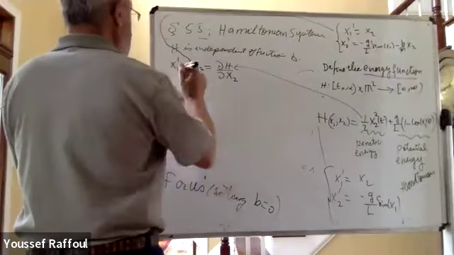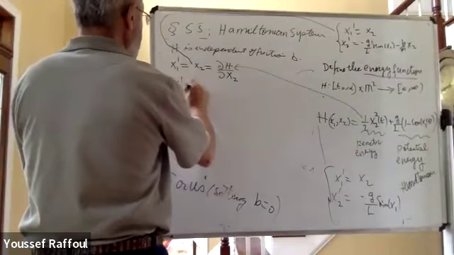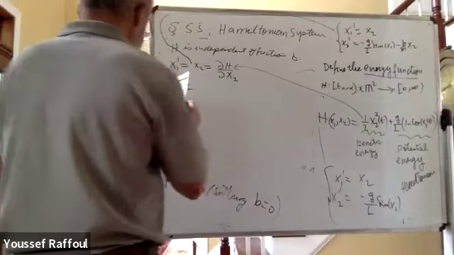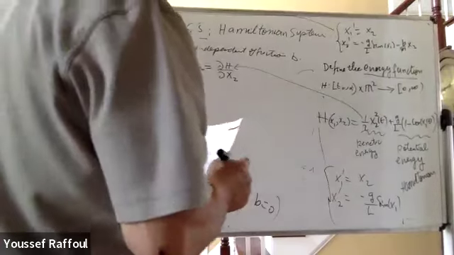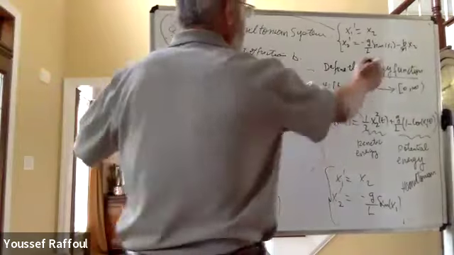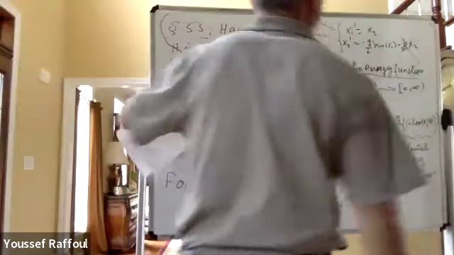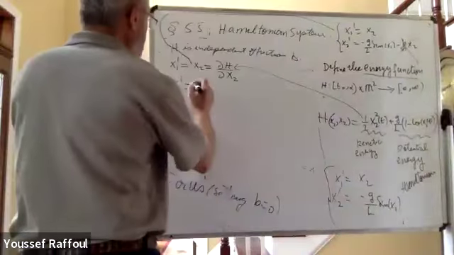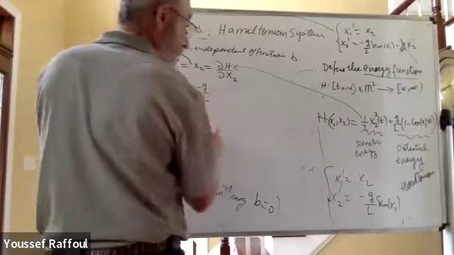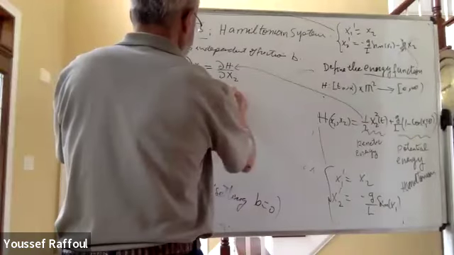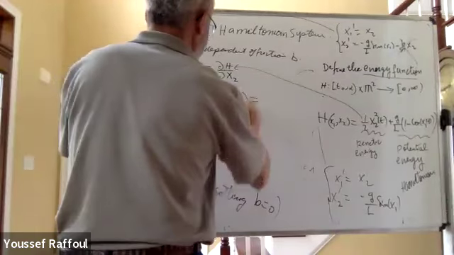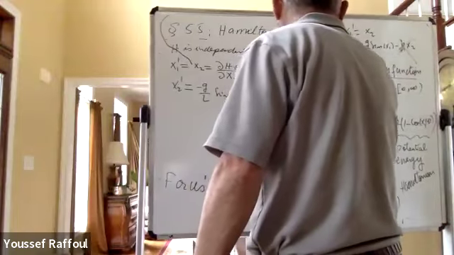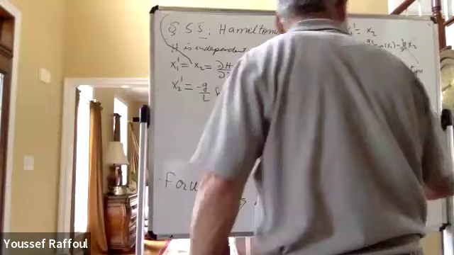And x2 prime, what is x2 prime by definition? Now B is 0, remember. Here, we're looking here. x2 prime is minus g over L sine x1, but that is minus del H over del x1 from here.